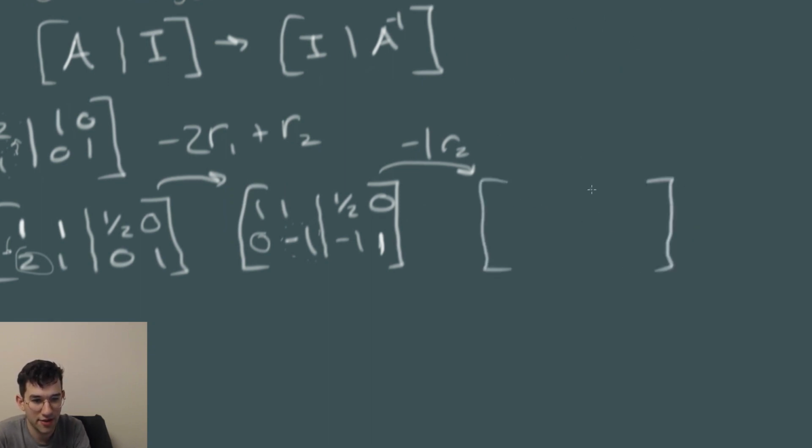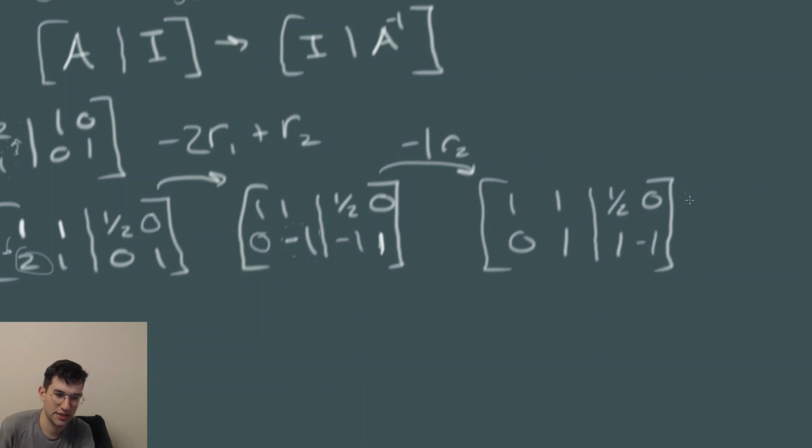All right, let's write the rows that don't change. First row does not change: 1, 1, 1 half, 0. Negative 1 times 0 is 0. Negative 1 times 1 is negative 1. Negative 1 times negative 1 is 1. I meant to say negative 1 here. Negative 1 times 1 is negative 1.